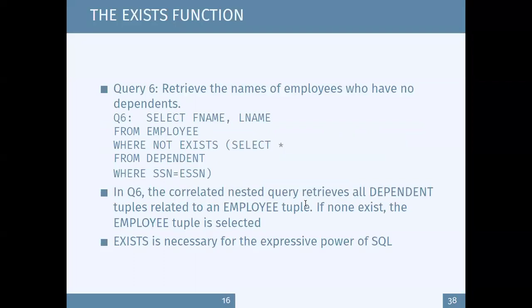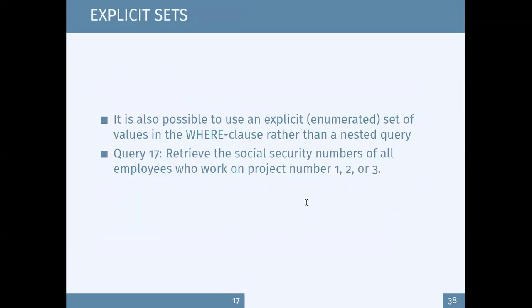Another example uses the same idea. Then we can have explicit sets. One way to get data is to say project number equals something.